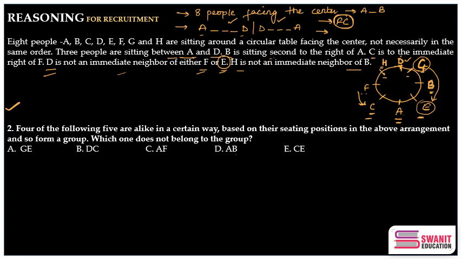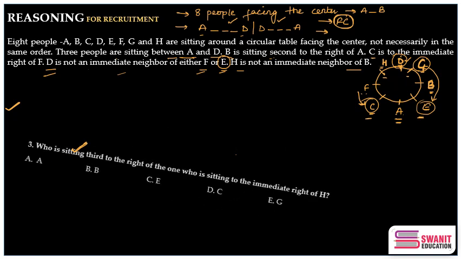AB. A is here, B is here. And the next one is CE. So what I observed is every pair has one person in between them, except for D and C, because D is here and C is here having two people in between. So this is my odd one out. That's my answer.